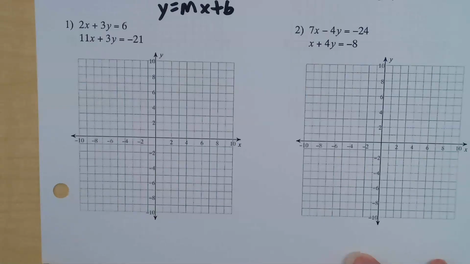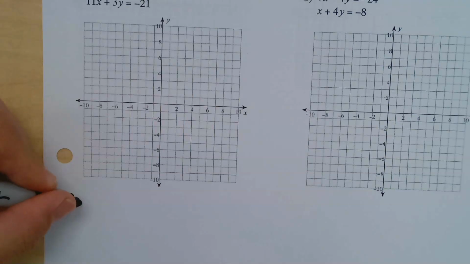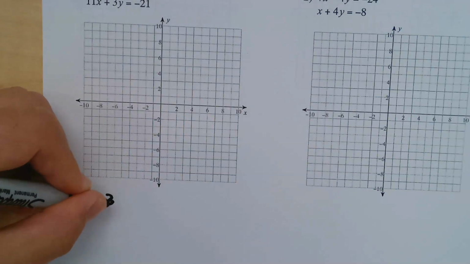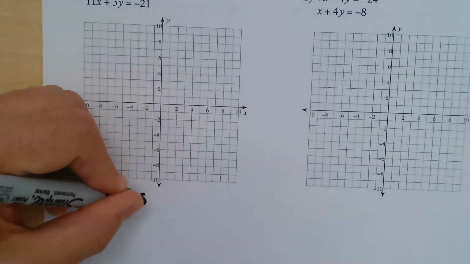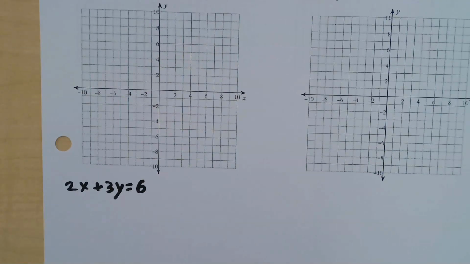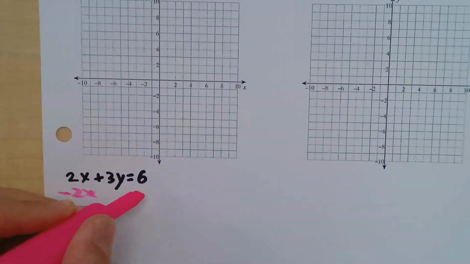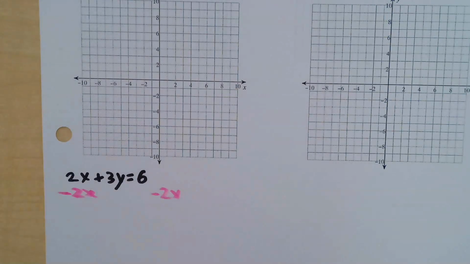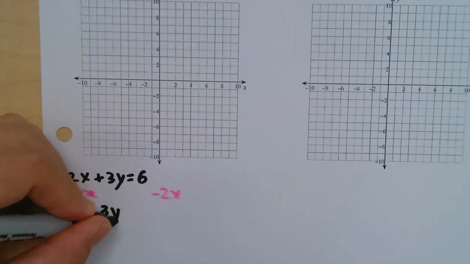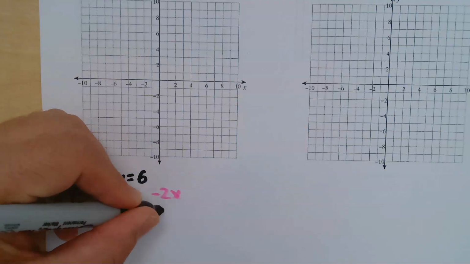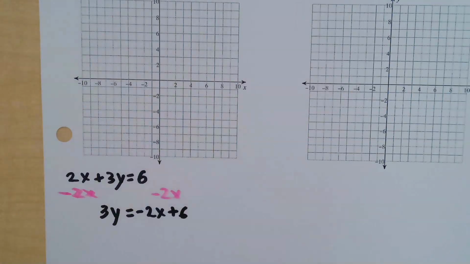So I'm going to write the first equation down. 2x plus 3y equals 6. Okay, so the first step that we did in class when we solved this is we subtracted 2x on both sides of the equation, minus 2x, and then I end up with 3y equals negative 2x plus 6.